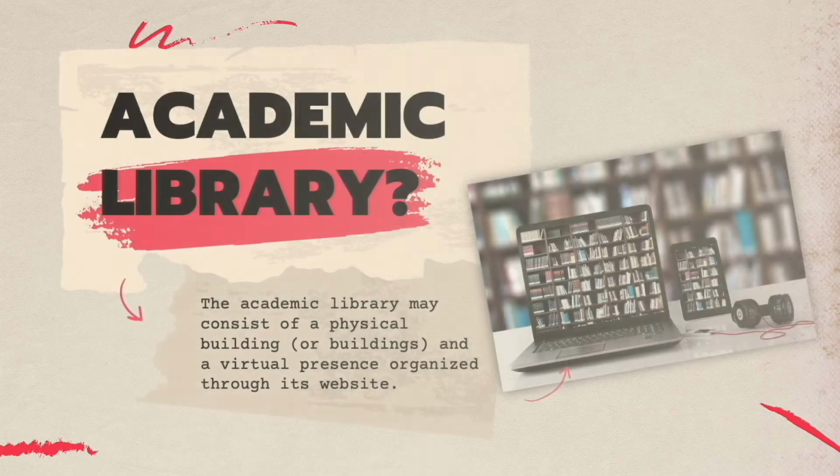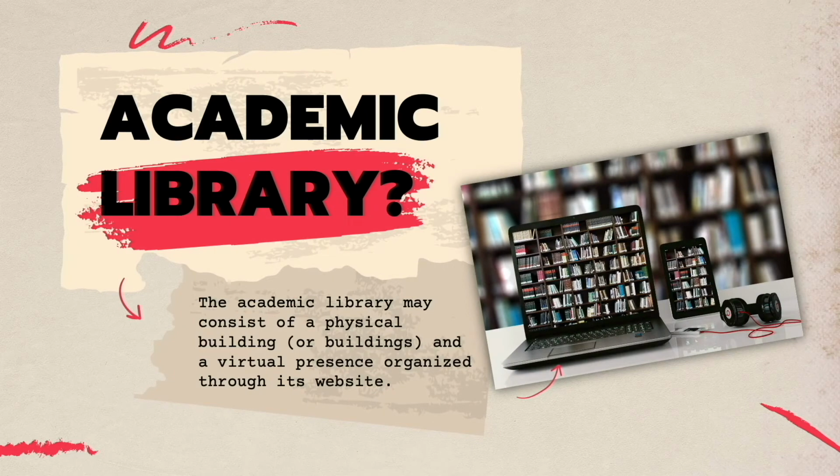Second, a library or library system in an institution of higher education. The institution can be of any size, whether school, college, university, public, or private. The library consists of a physical building or buildings and a virtual presence organized through its website.